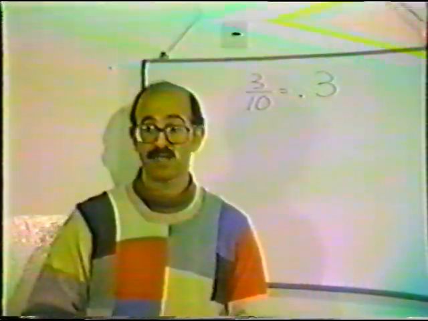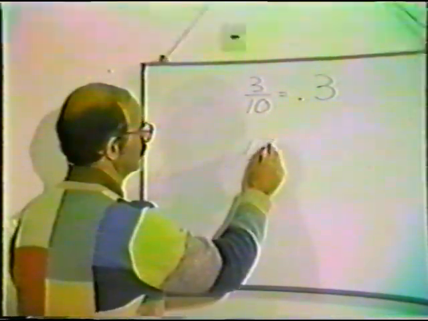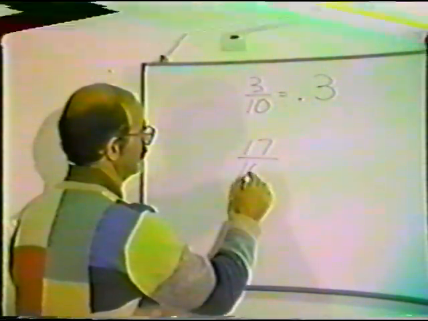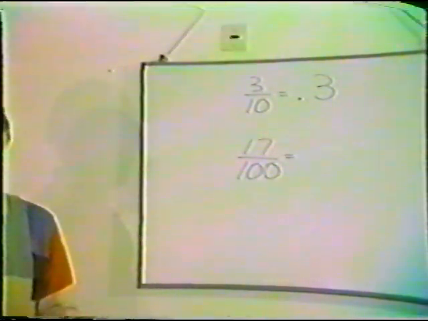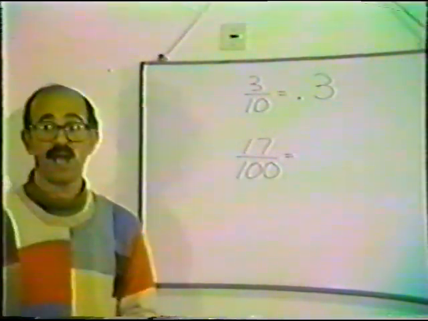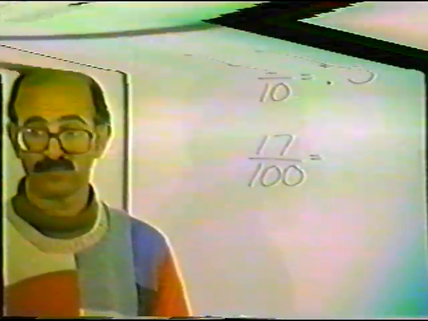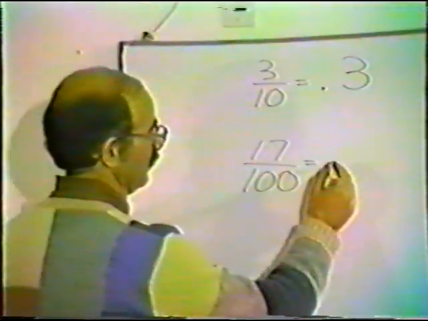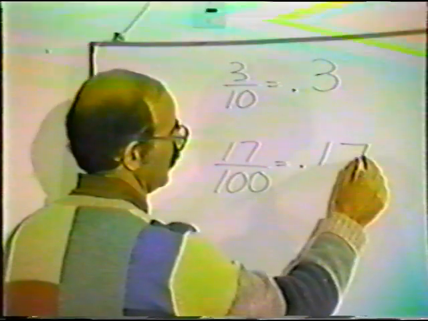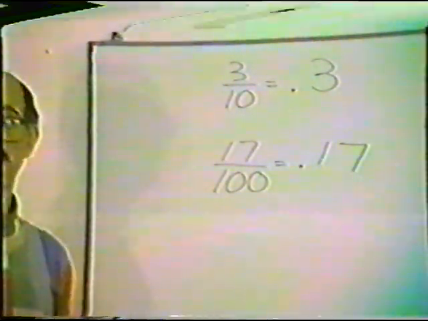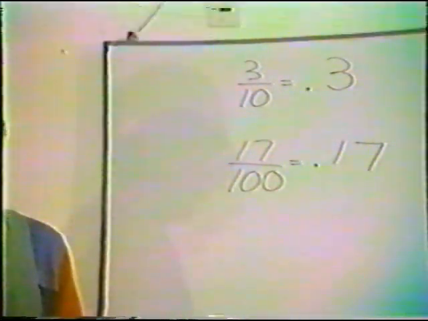They are exactly the same. Now read this one. 17 hundredths. How many decimal places do I need for that? 2. Just 2. And I can fit my 17 right in those 2 places. 17 hundredths.